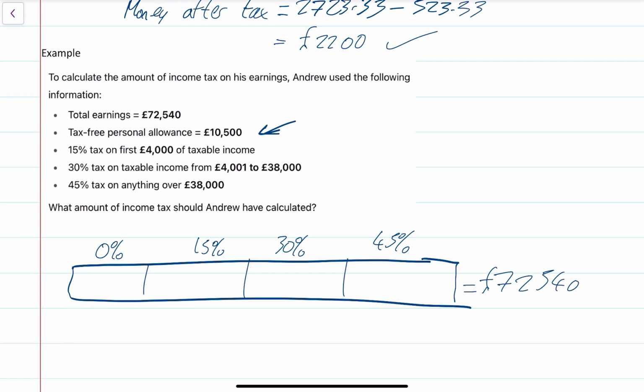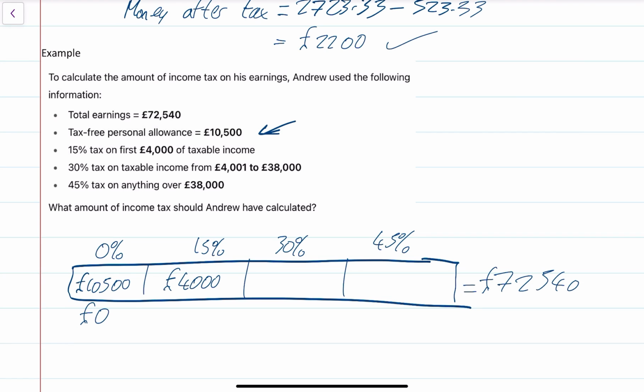Lucky him. Okay, so his tax-free allowance was 10,500. I'm just going to do the tax as we go. That was 0. Then the next £4,000 on the next amount. So the next amount was £4,000.